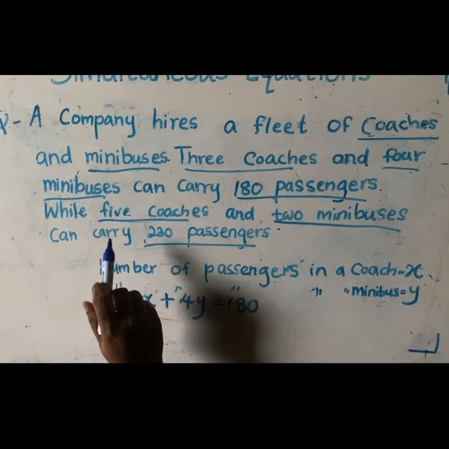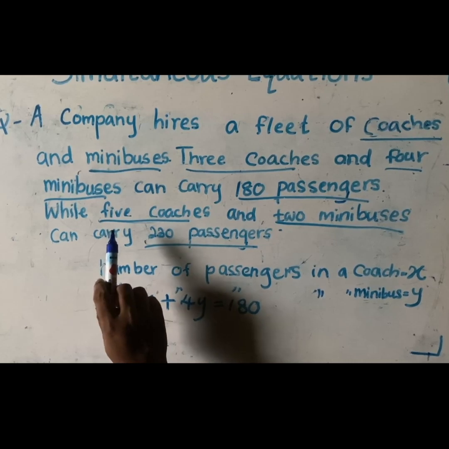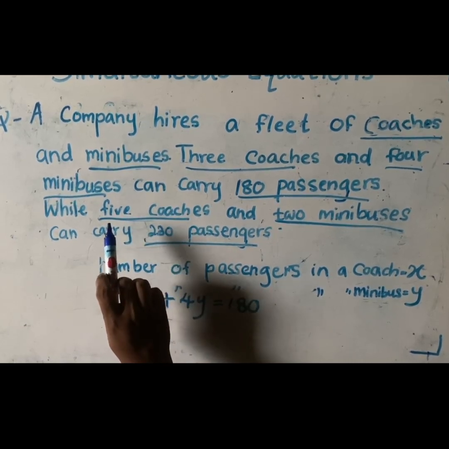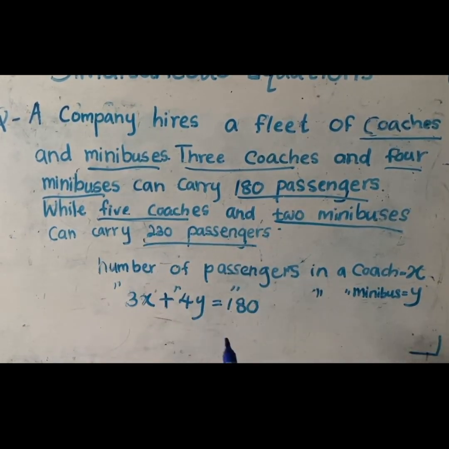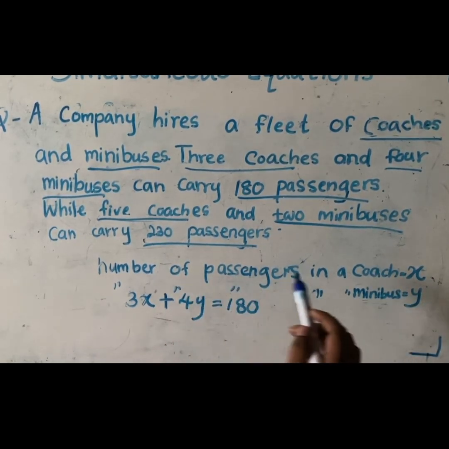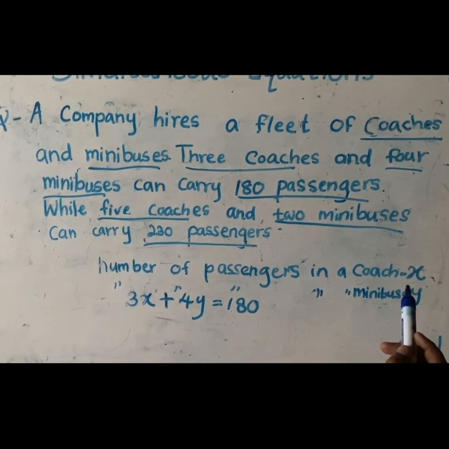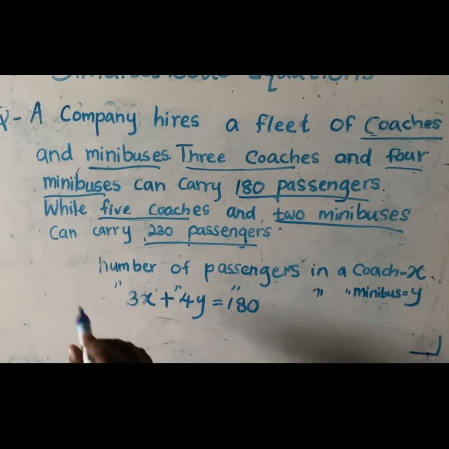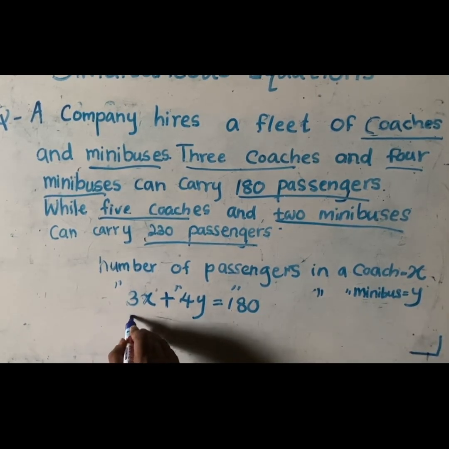Now we will build up our second equation. 5 coaches: the number of passengers in a coach is X, and such 5 are there, so 5X.